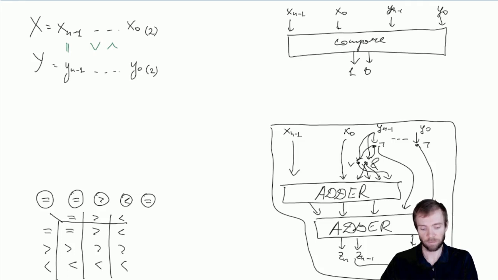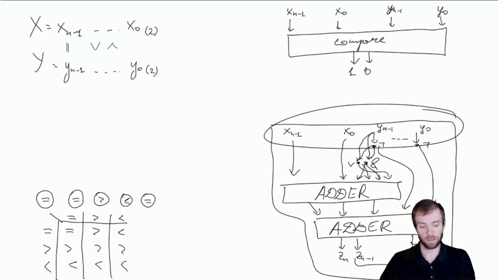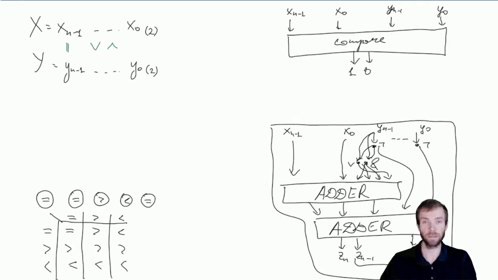In case when we have this relation between the numbers, we see that we just need to subtract y from x and take the result. And if we have this relation between the two numbers, we need to flip them. We need to subtract the smaller number from the greater, but then add a sign to the result.